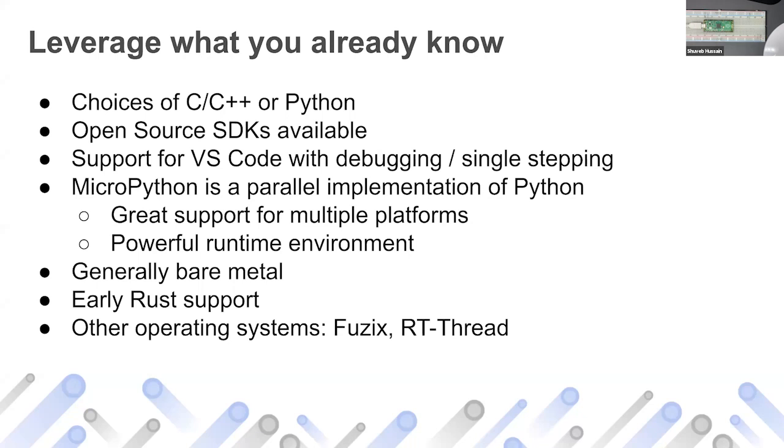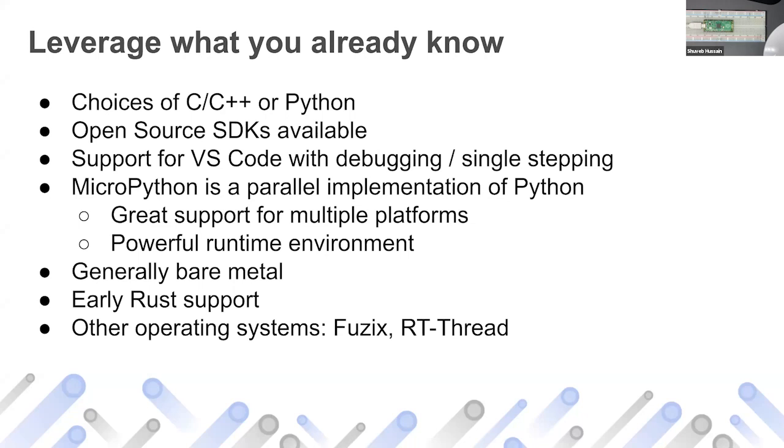So if you learn MicroPython, you can apply it to the bunch of microcontrollers we spoke about during the beginning of the talk. For example, we spoke about the ESP8266, and we also spoke about the ATMega8. MicroPython runs on pretty much every chip that's out there which is popular, right? And then it's got a powerful runtime environment. We'll talk about that as we go.